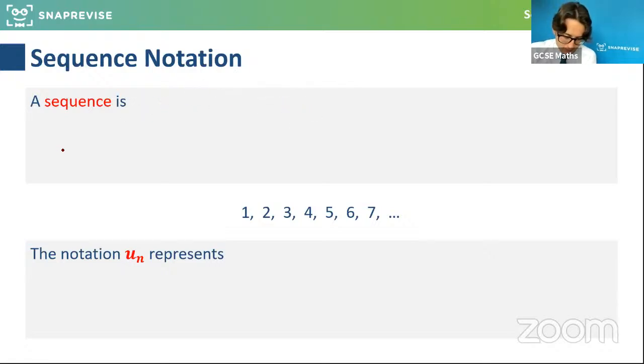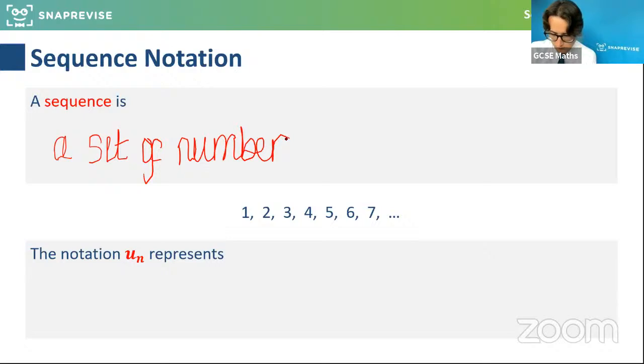So a sequence is a set of numbers following a pattern.